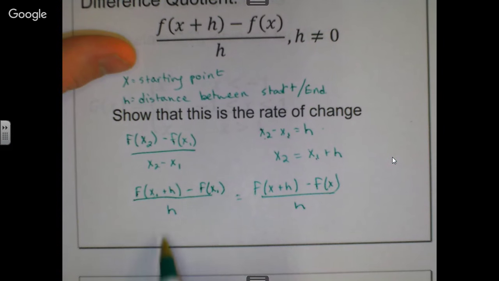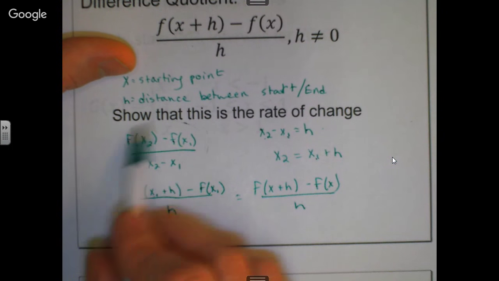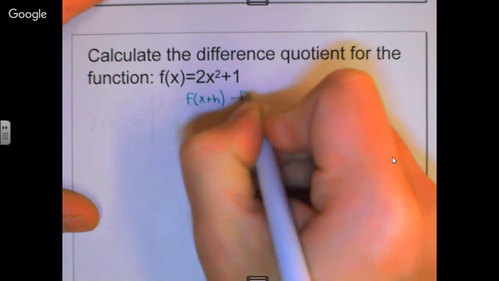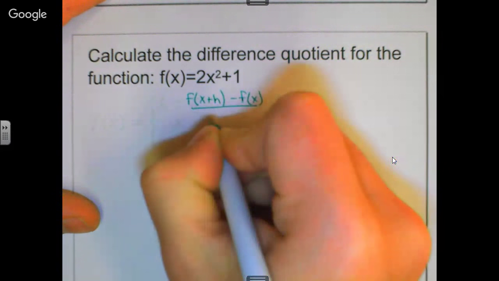So we start with the average rate of change, and we have the difference quotient.